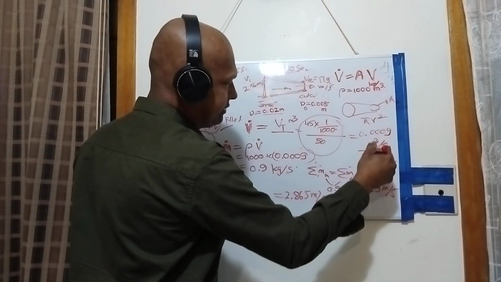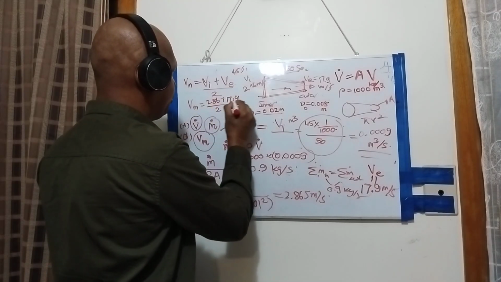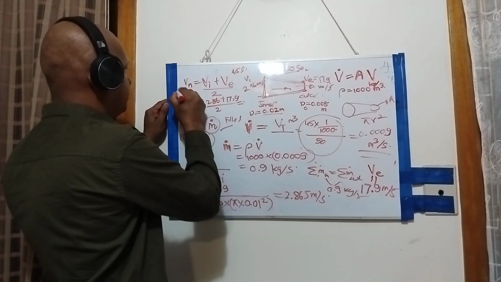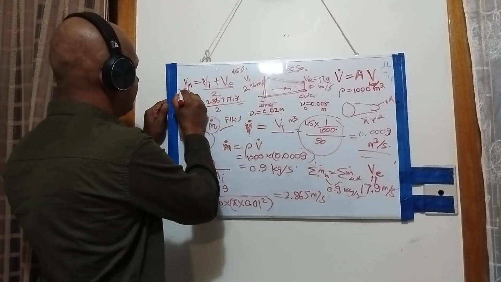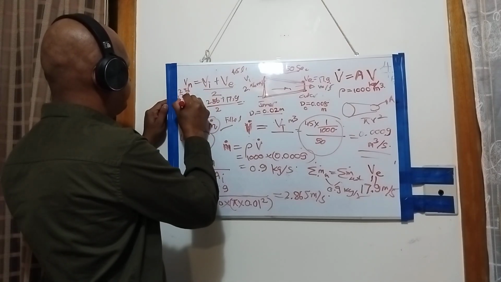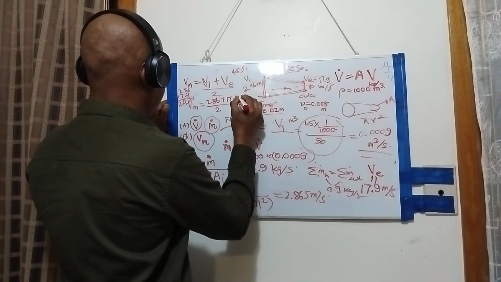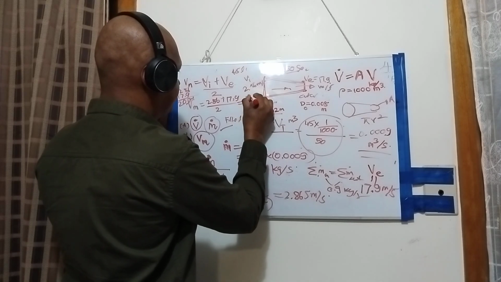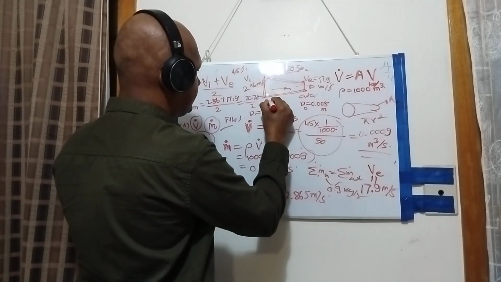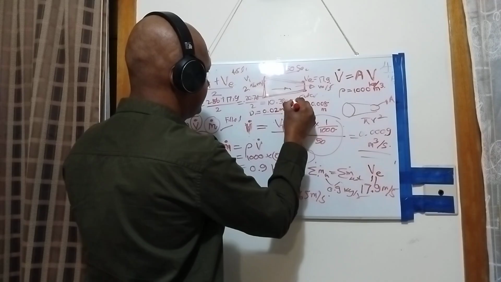2.86 plus 17.9 divided by 2, which is, so roughly, 2.86, 17.9, so it is 20.76 divided by 2, which is 10.38 meters per second.